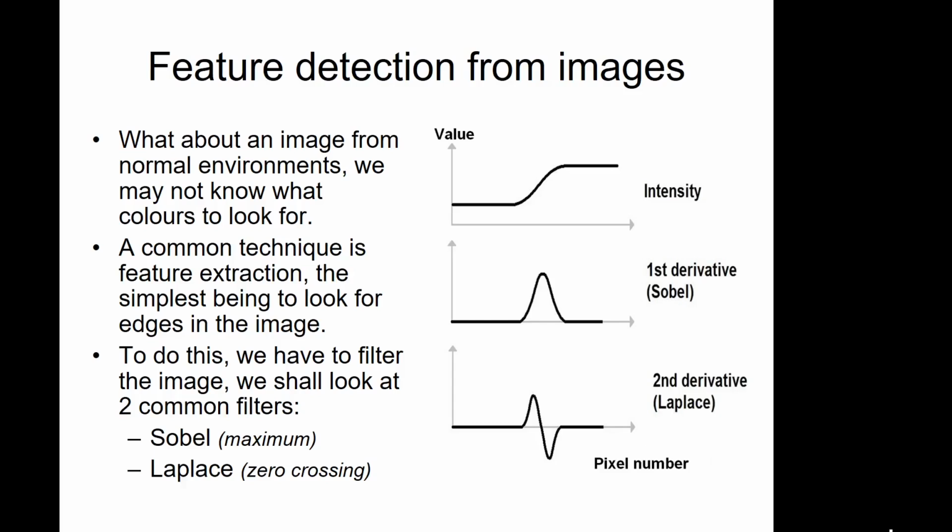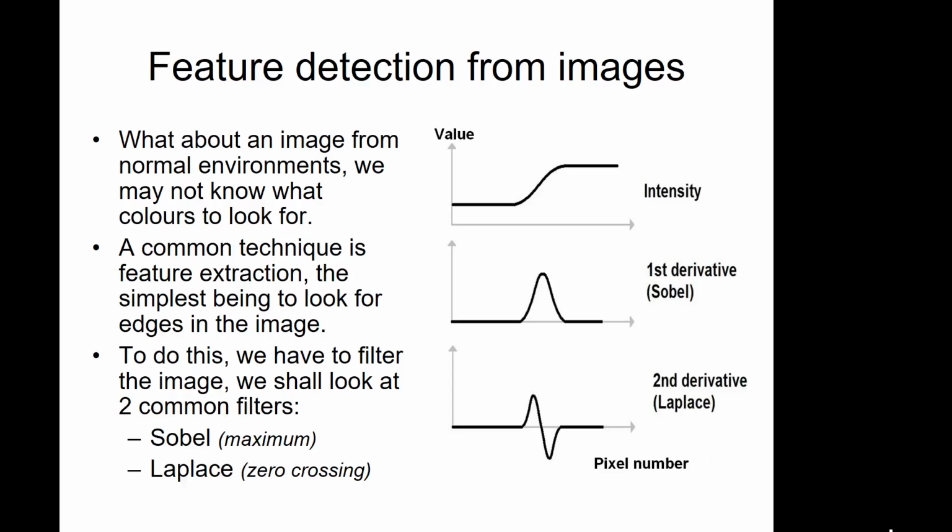Now we've been talking about colors of images. Although that works, the problem in a real environment is you don't necessarily know what color something is. For example, if you tell a robot to go to a certain car, then you need to tell it in advance what color that car is going to be.